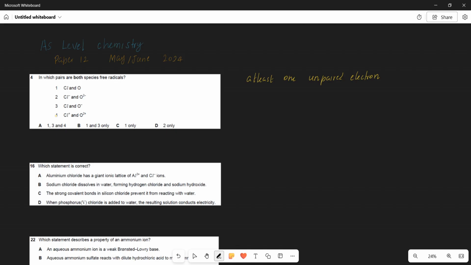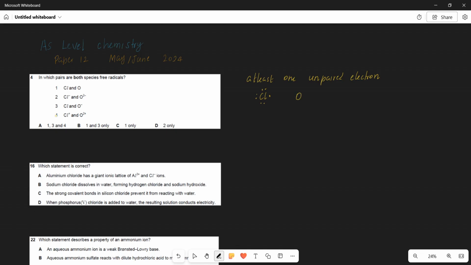I need to first draw the dot cross diagram, or Lewis dot cross structure. Only the outer shell electrons I can represent. The first case I have Cl. Cl has 7 electrons in the outer shell: 1, 2, 3, 4, 5, 6, 7. So it's a free radical.